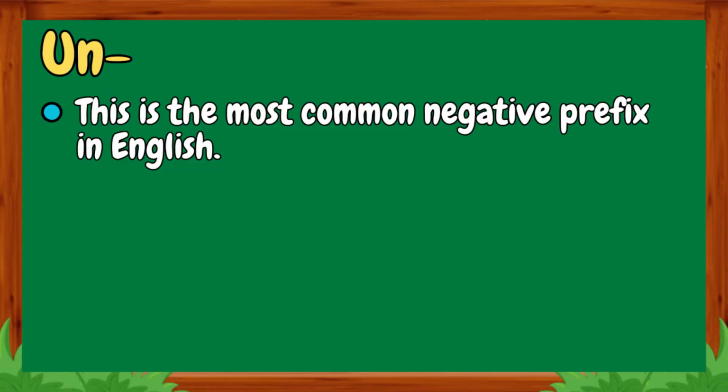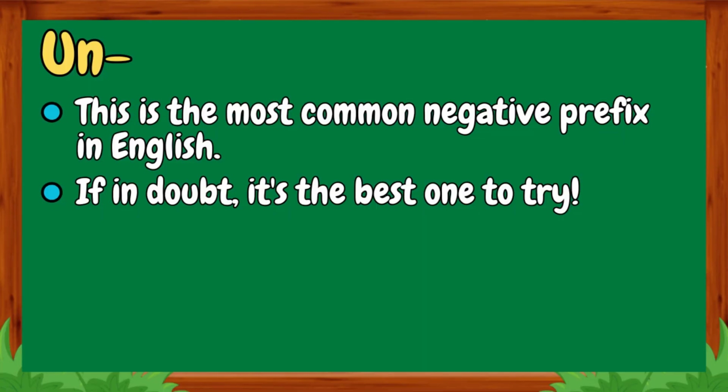The prefix "un" is the most common negative prefix in the English language, and if you are in doubt, you're not sure, it's the best one to try. For example, regular, unregular, done, undone. So if you are not sure, this is the best bet.